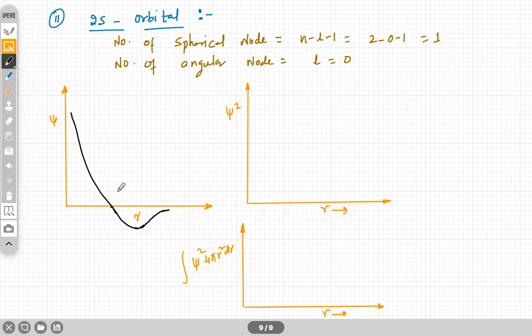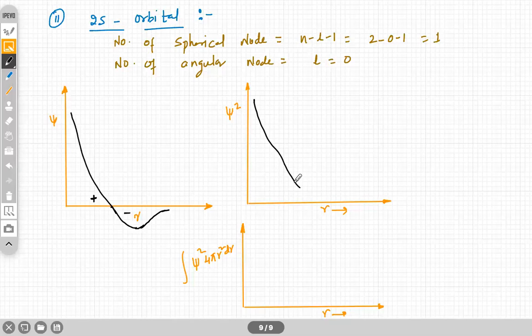Wave function can be positive, can be negative, and that's why we have the graph like this. But if you draw this psi square, psi square cannot be negative. It is always positive. This negative part will draw the mirror image of this to draw the graph of psi square. That would be like this.